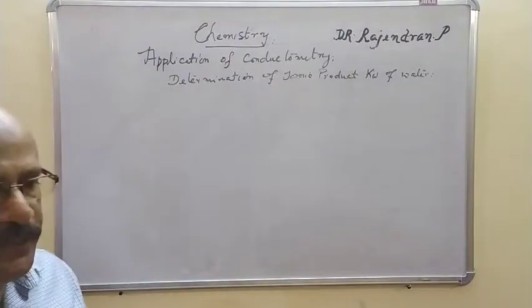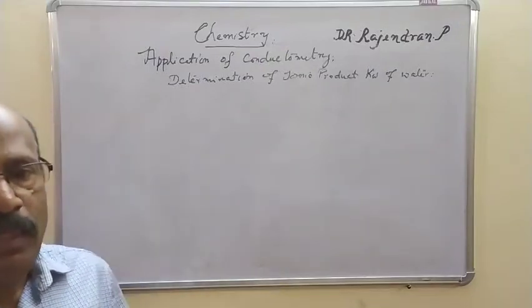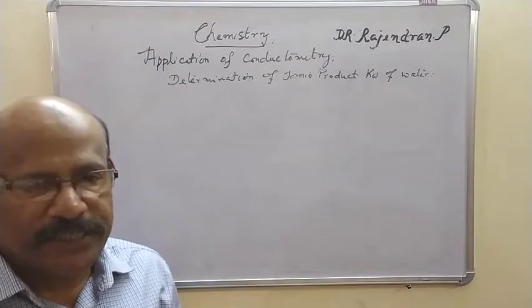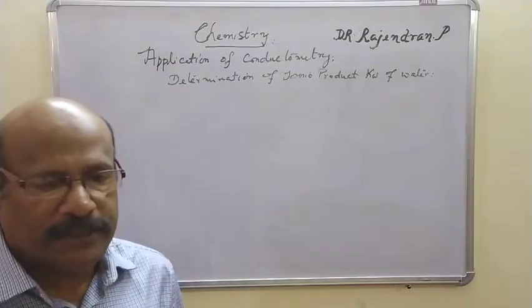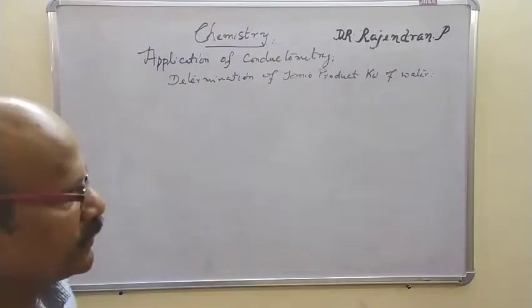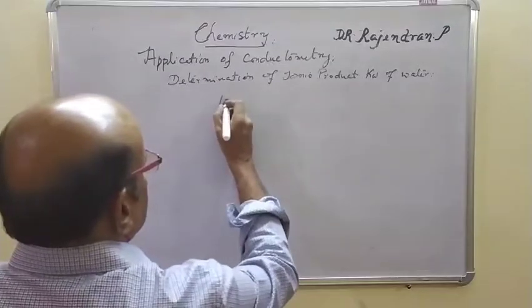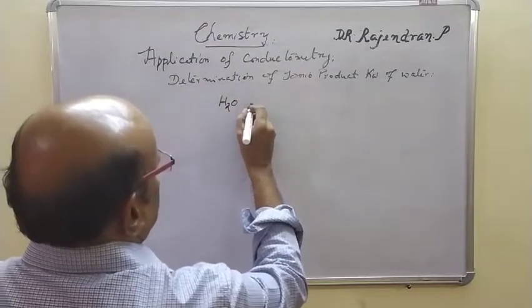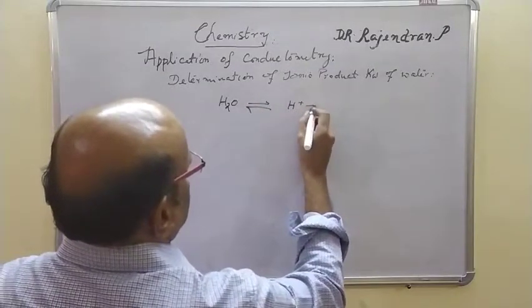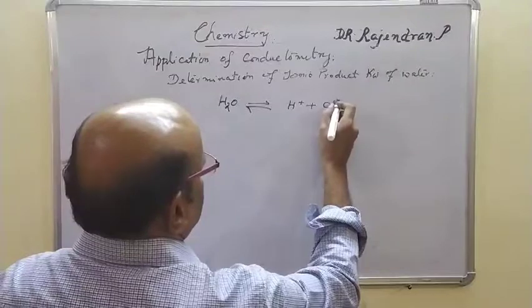As all of you know, a sample of water has a tendency to dissociate to a very small extent into its own ions, that is H plus and OH minus ion, as H2O reversibly gives H plus and OH minus ion.